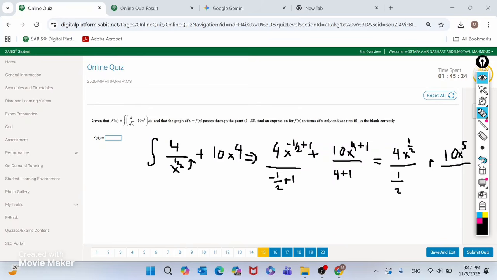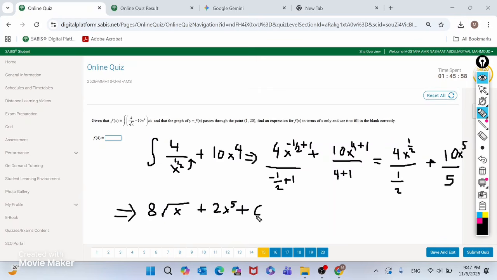Simplify it even more. 4 over 1 over 2 is just 8. 8 root x, because x to the power of 1 over 2 is just radical x, plus 10 over 5 is just 2x to the power of 5, plus c.